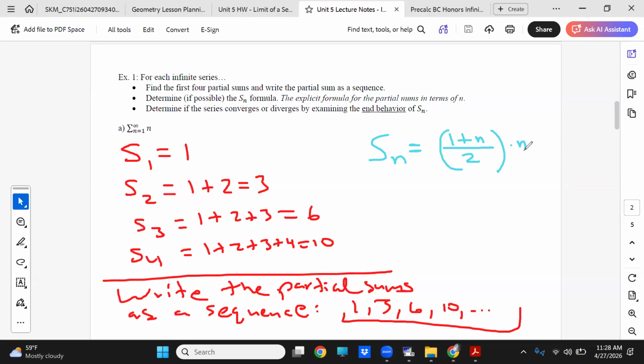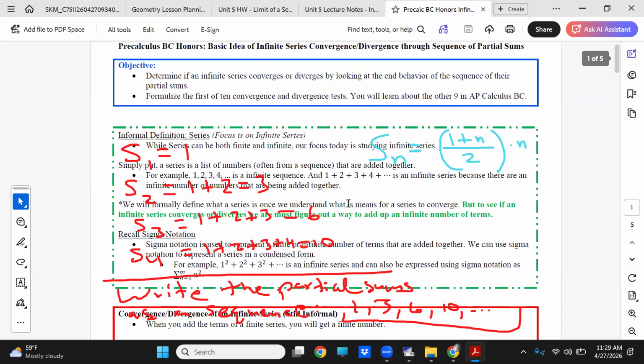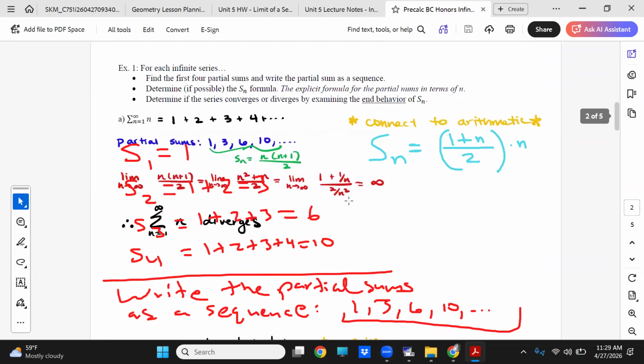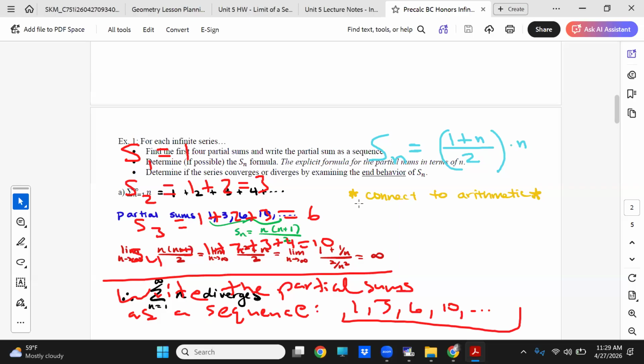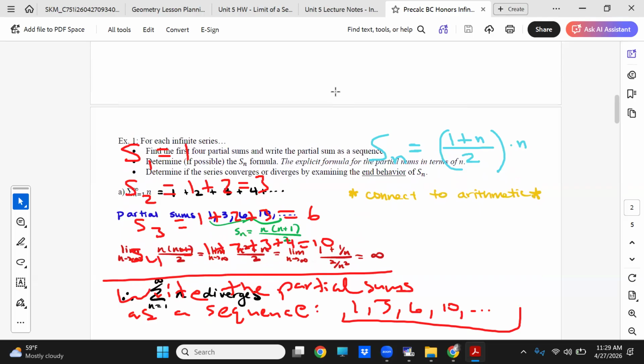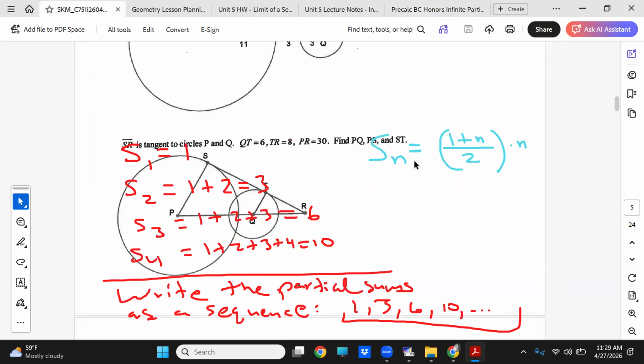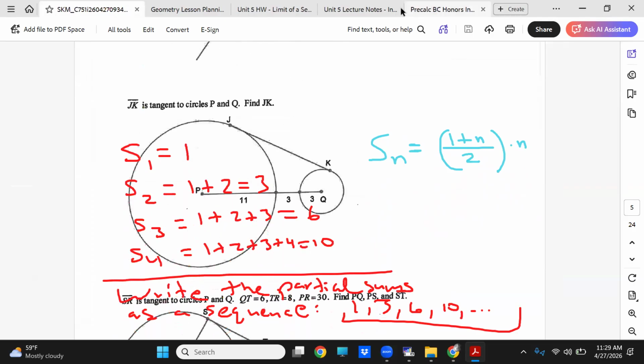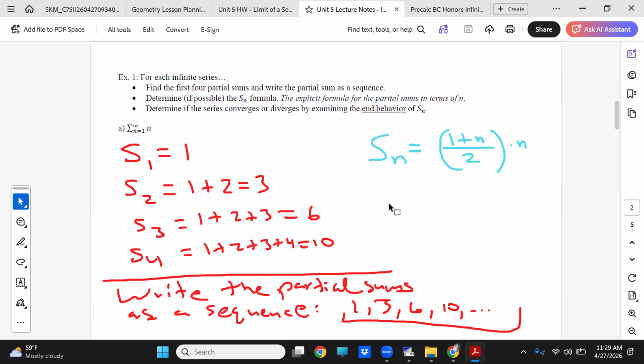Hold on, let me double check this. Actually, no, you got it. That's right. Yeah, that makes sense. So you connected it to arithmetic. We're not trying to find the sum, we're defining each term. I think I'm overthinking this one. No, Teddy's got it.